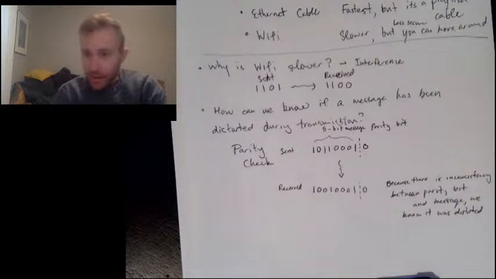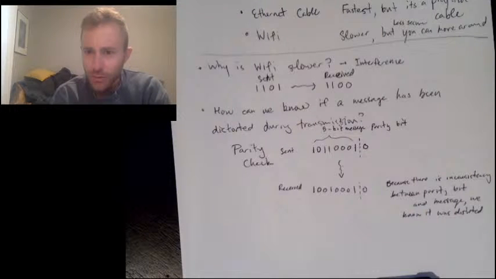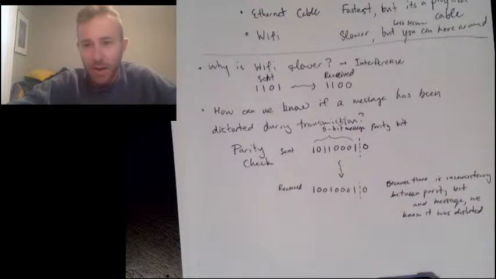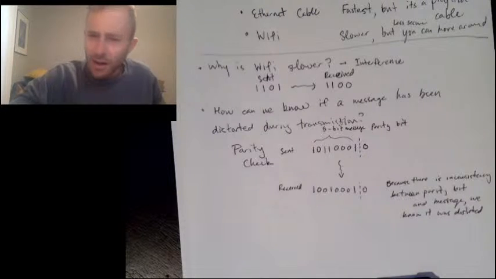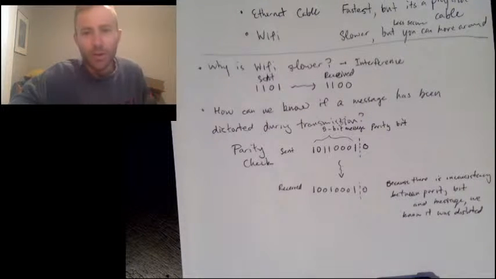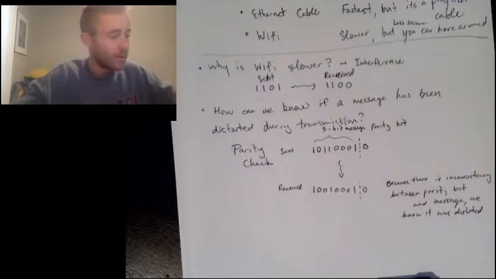So yeah, it might get interfered to have different positions, but it's really difficult to change the order of the bits. That might happen if there is some kind of reflection of the signal. But the most common thing is you have 2 bits distorted. Okay, very good.